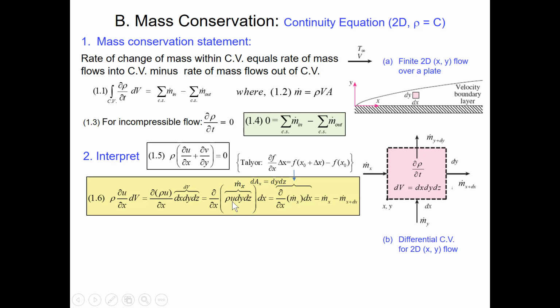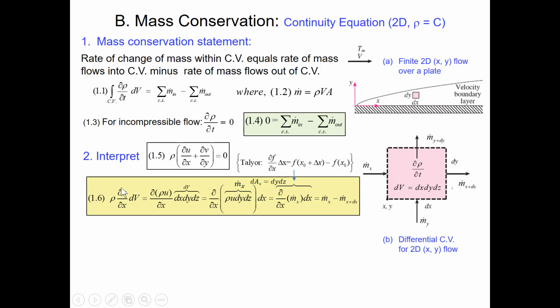Now, density times x direction velocity times the surface area is the flow rate in the x direction. Finally, we apply the Taylor expansion to get the mass flow rate difference.